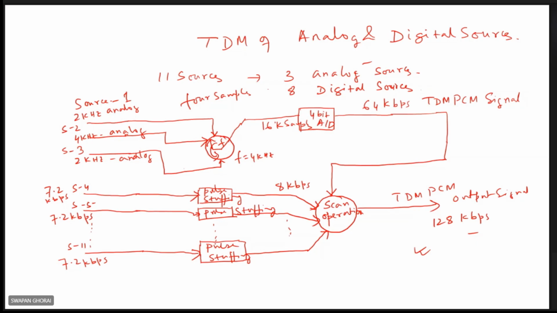Next, in this TDM, as I told you several times, time slots are dedicated to each source. Whether the source is sending data or not, the slot is reserved. So many of the time slots are wasted if the source is not transmitting.